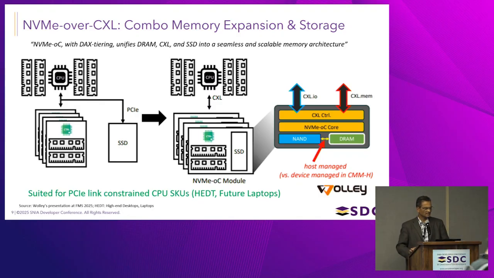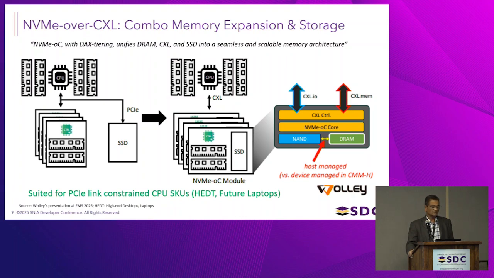And then my last example is a startup company, and their representative is here. It's called Wally Technology. They are aiming their product at PCI link constrained CPUs, meaning high-end desktops and hopefully laptops in the future, right?